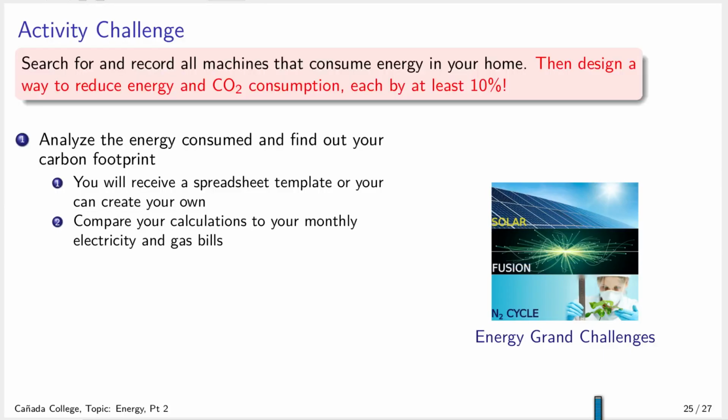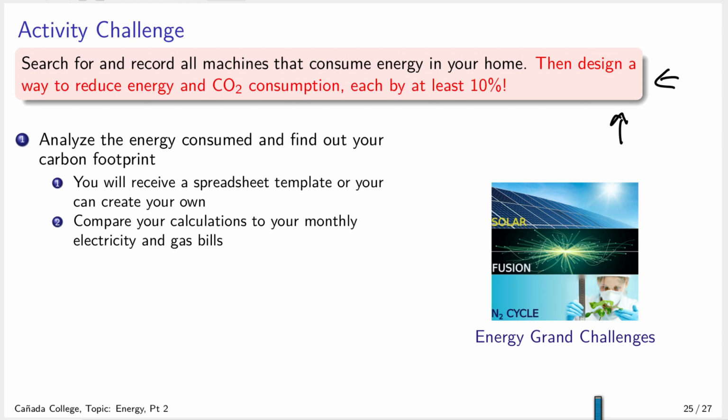Okay, so the activity challenge here is that you need to find and record every machine in your home as to how much energy it consumes, and then your goal is to design a way to reduce the energy consumption and eventually the carbon dioxide emissions by at least 10%.